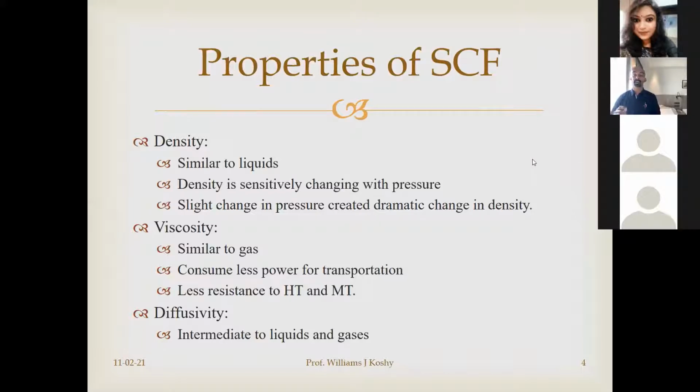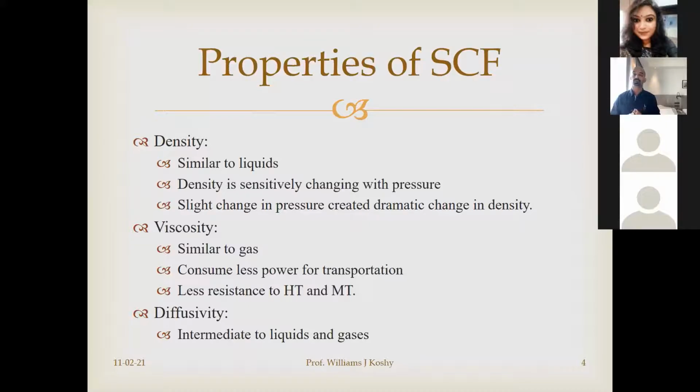Another advantage of a supercritical fluid is that its diffusivity is intermediate to that of liquid and gas. The diffusivity of gases is very high, the diffusivity of liquids is slightly low, but the diffusivity of a supercritical fluid lies between liquids and gases.